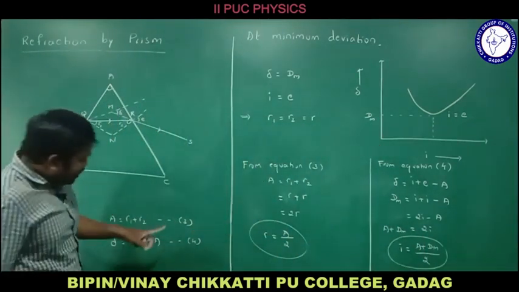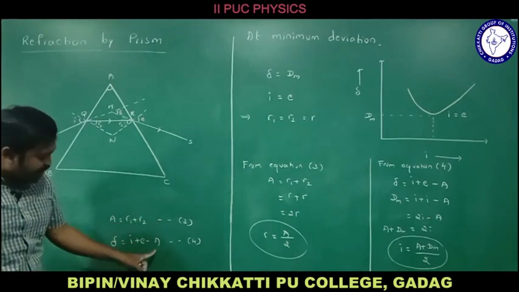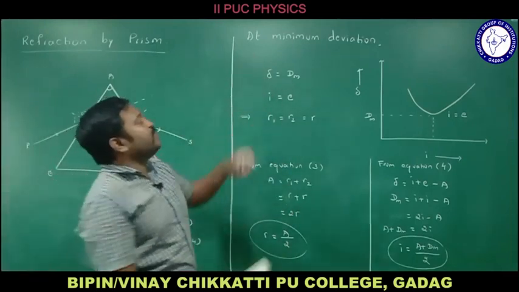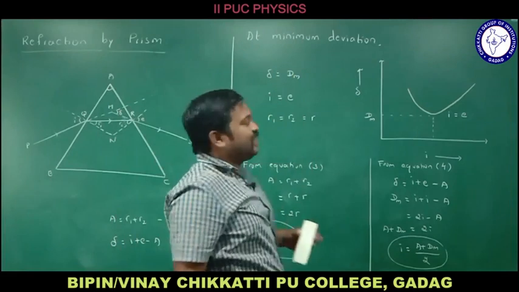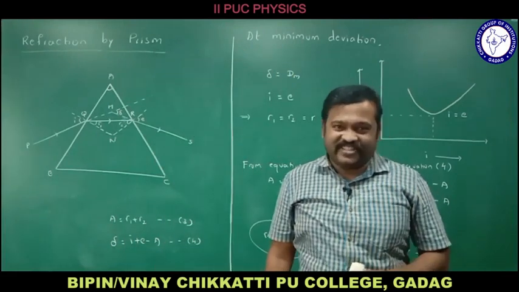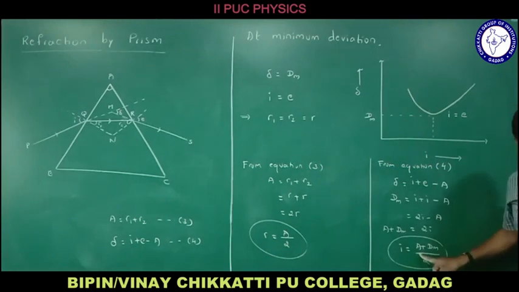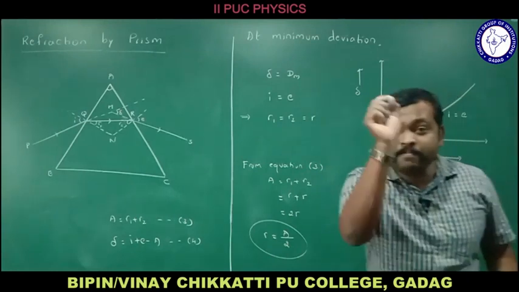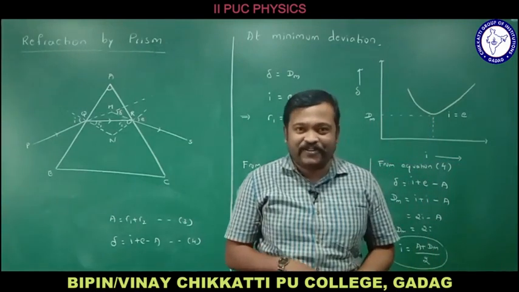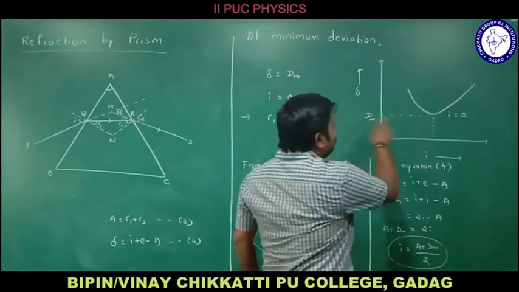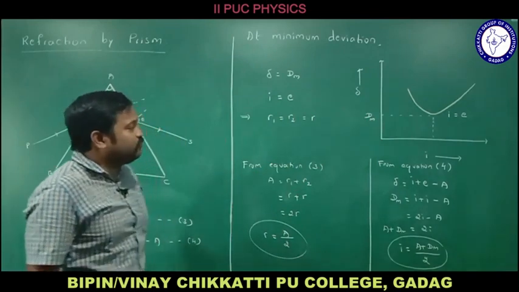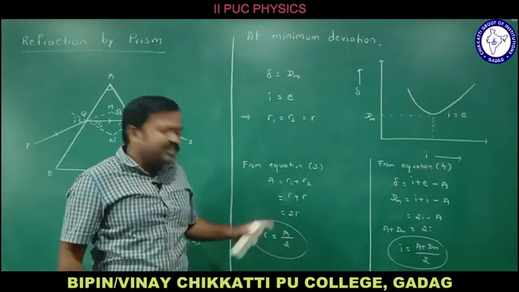By equation 3 we got the angle of refraction, by equation 4 we got the angle of incidence, using this condition at minimum deviation. A is the angle of prism and Dm is the angle of minimum deviation. With that condition we arrive at the angle of incidence and angle of refraction.